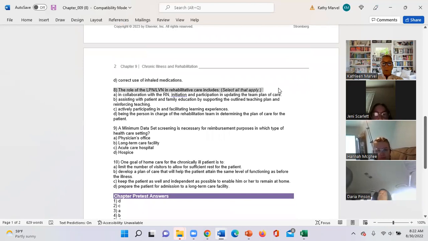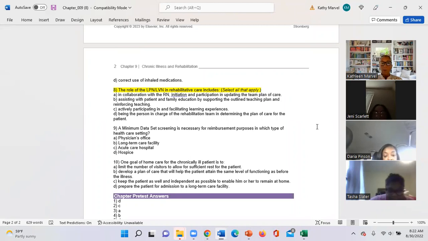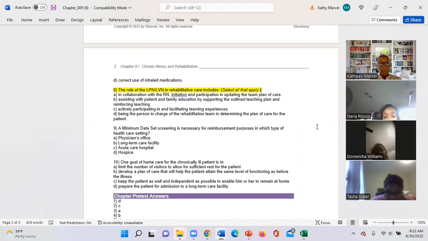Okay. This is a select all that apply. Number 8. This is your role in the rehab care. Does A sound like a good answer? Working in collaboration with the RN? Yes. Okay, that's one. How does B sound? Assisting with the patient and family education. Do we do that? Yes, of course.